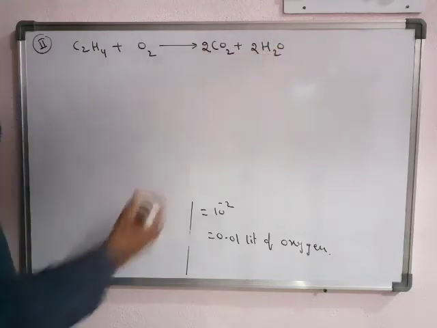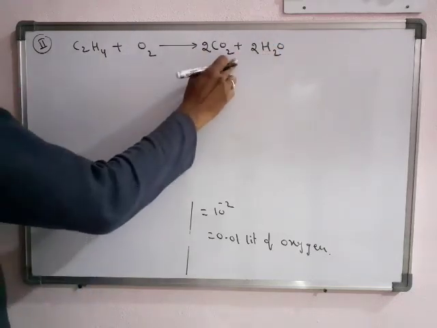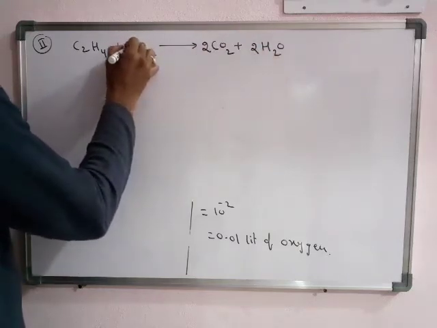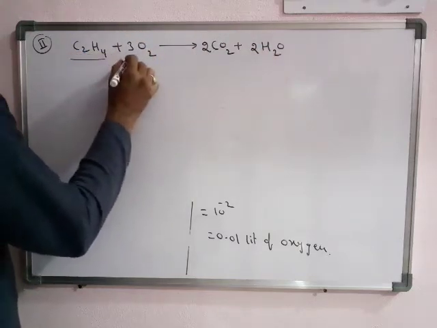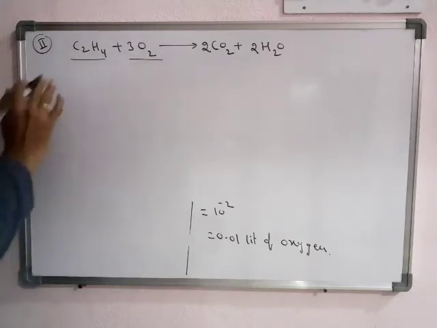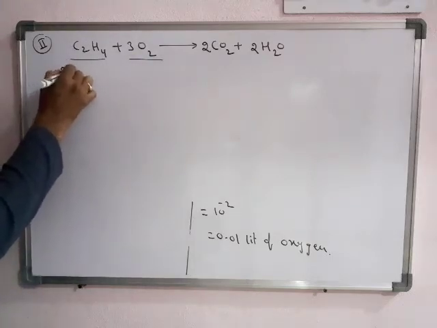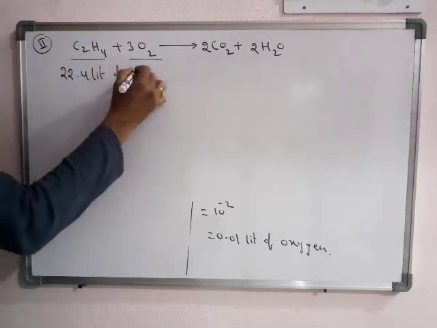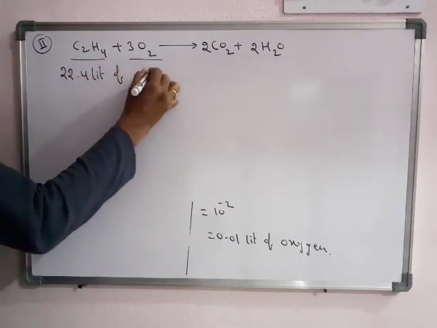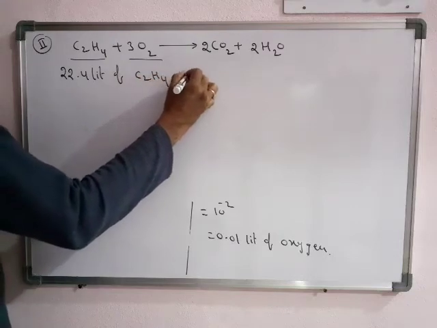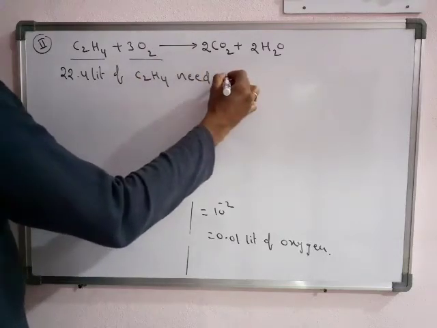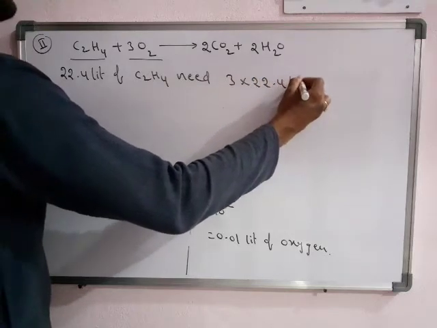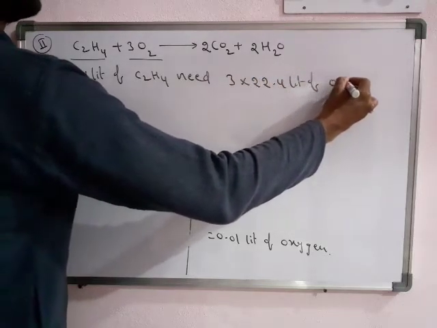Oxygens: 4 plus 2 makes 6, so 3 molecules of oxygen. So 1 mole requires 3 moles. In terms of volume, we can write 22.4 liters of C2H4 needs how much oxygen? 3 moles, 3 into 22.4 liters of oxygen.